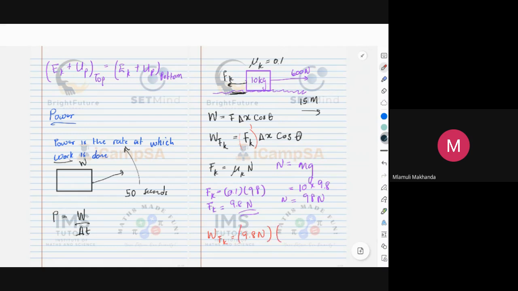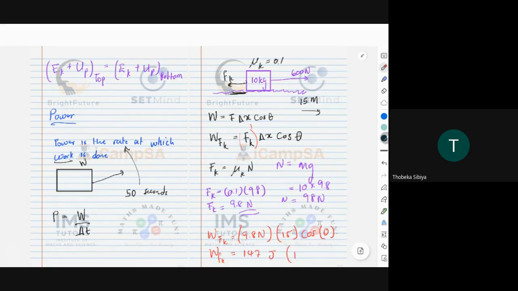times our displacement, the box is moved 15 meters, times cos of the angle between the surface and the friction, which is 0. So put 0 here. Then you're going to have your answer here, right? 147 joules.